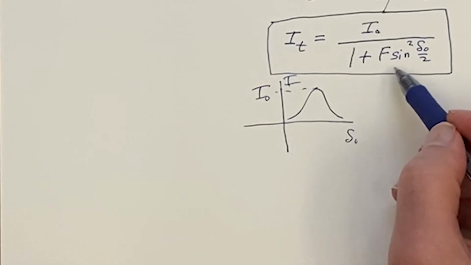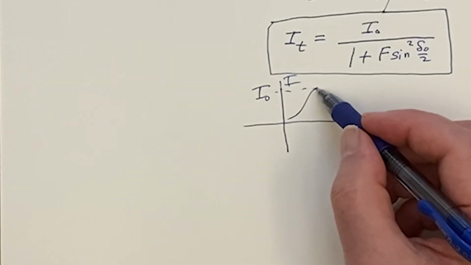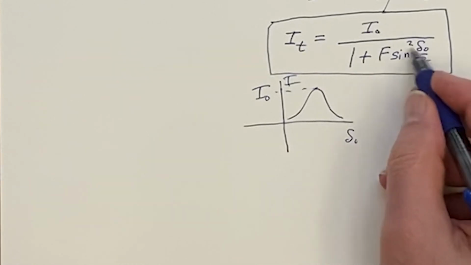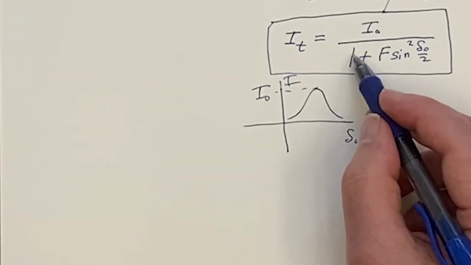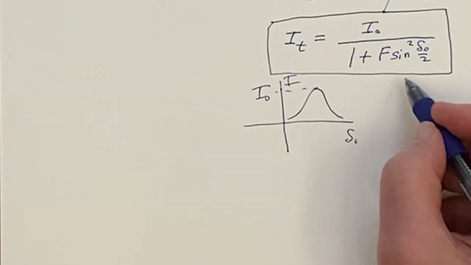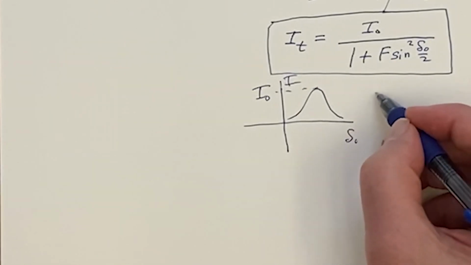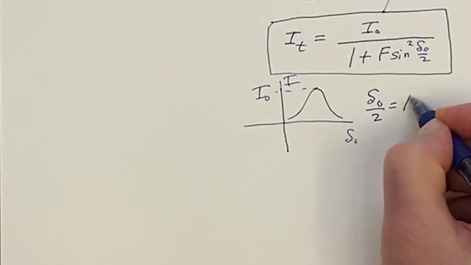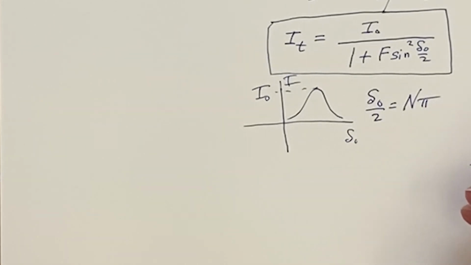So we want to figure out when these maxes are going to occur. Well, you want the sine to be 0, so you'll get your max, because if you have 1 plus something, you're dividing by something bigger, you get something less than I naught. And then if you want that to occur, you want this phase to be some n times pi.